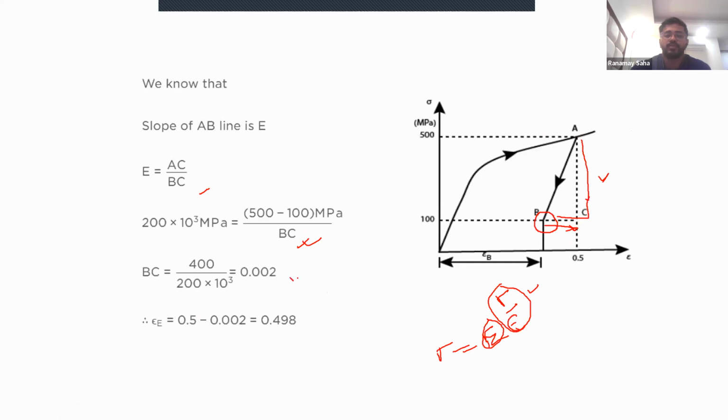From that you find out BC, and then what happens to be your strain at B. So the total strain up to C, if this is your O, then your OC minus your BC gives you your strain at point B, okay.